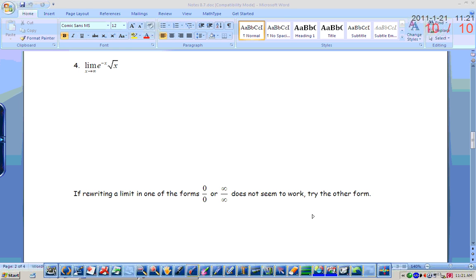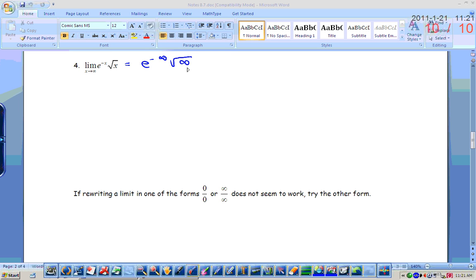Okay, number 4, limit as x approaches infinity of e to the negative x times the square root of x. If you use direct substitution, you're going to get e to the negative infinity and then the square root of infinity. What do you think about that?